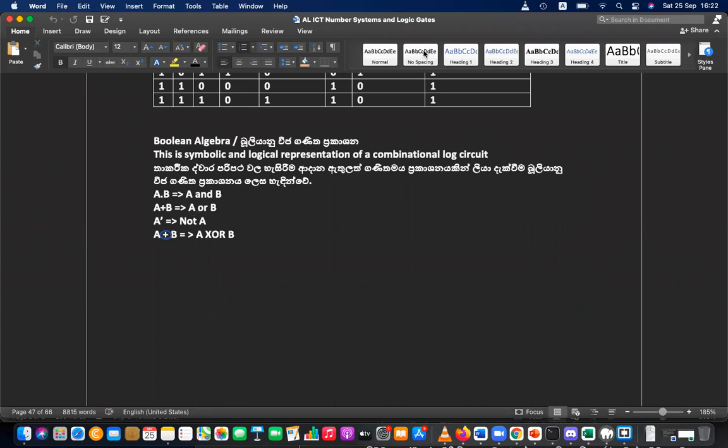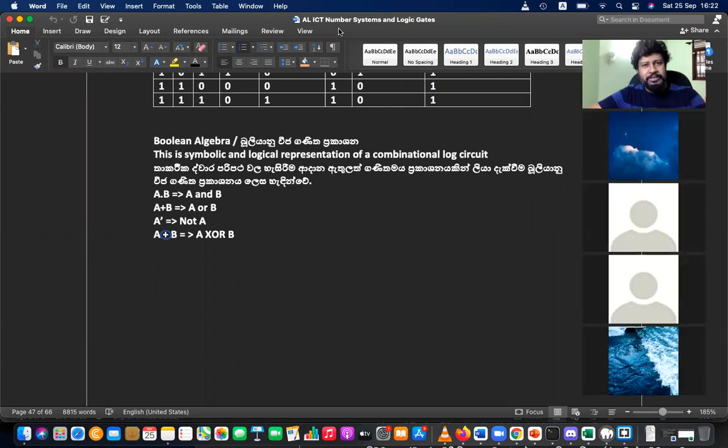There is another way of representing the AND gate, that is AB. So we can ignore the dot and write AB. That is also accepted, either AB or A dot B.